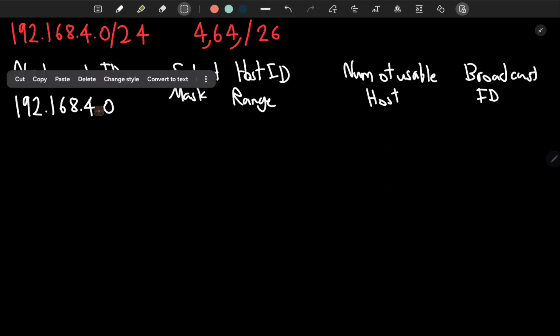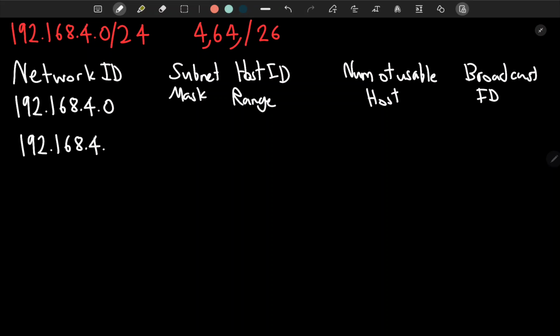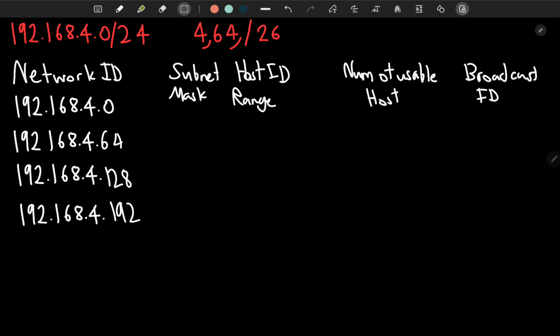So it will be 4.64, and the next one will be this plus 64 again. So that's 128. So third one will be 4.128, and the last one will be 192. And we can also recheck since we have 4 subnets, and here we have 4 network IDs. So we're on the right track.